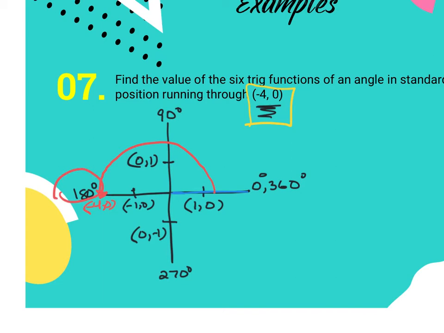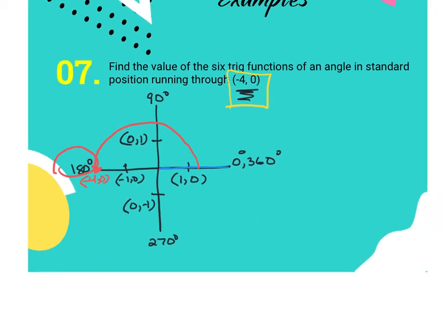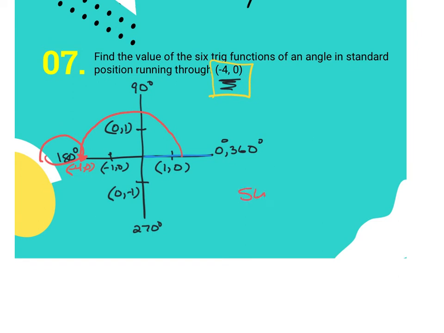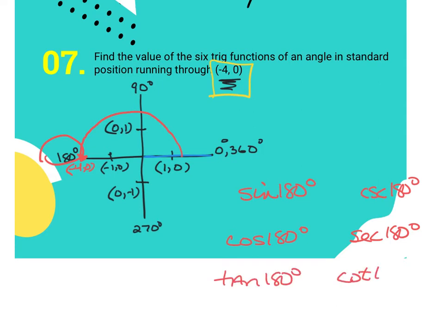So what this question wants me to do is find the sine of 180, the cosecant of 180, the cosine of 180, the secant of 180, the tangent of 180, and the cotangent of 180.